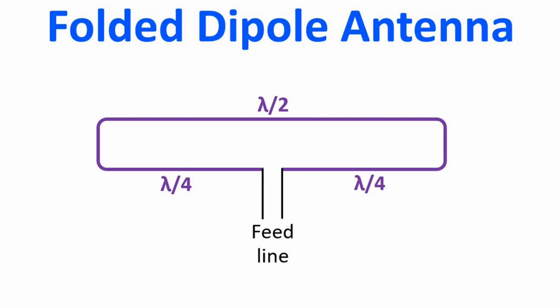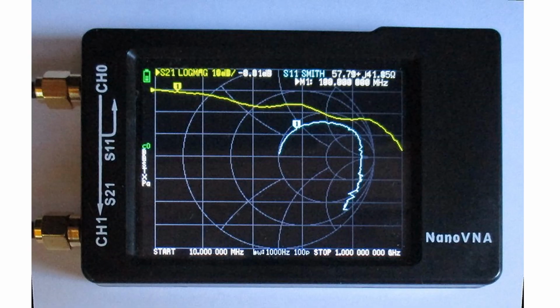Impedance of an antenna and many of the other antenna parameters can be measured using a vector network analyzer known in short as VNA. Another important parameter of an antenna is its resonant frequency.